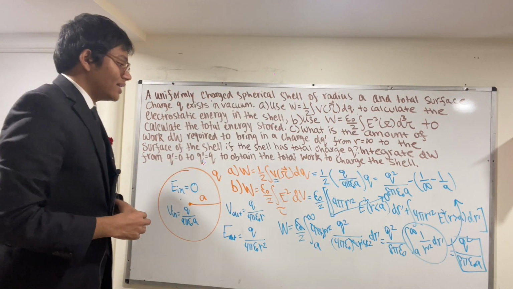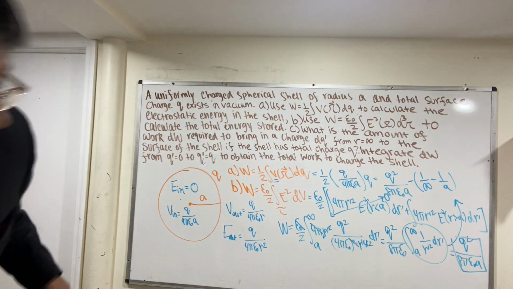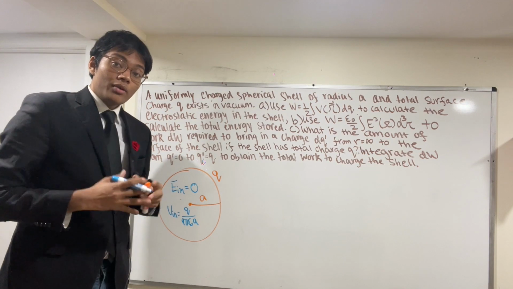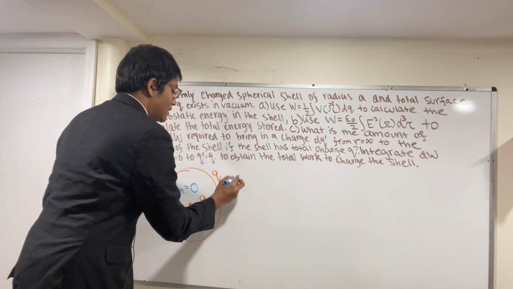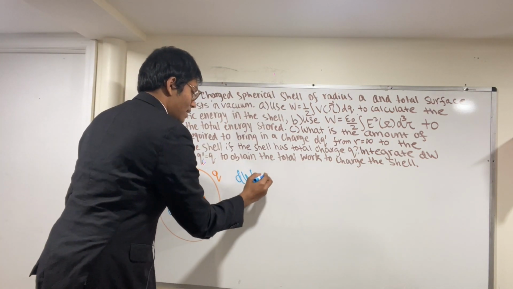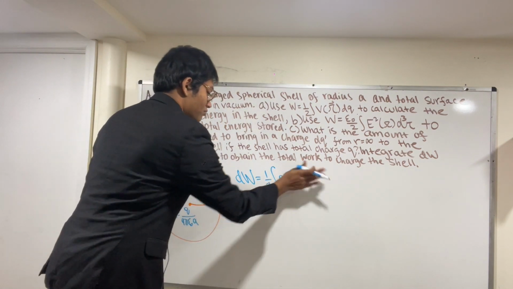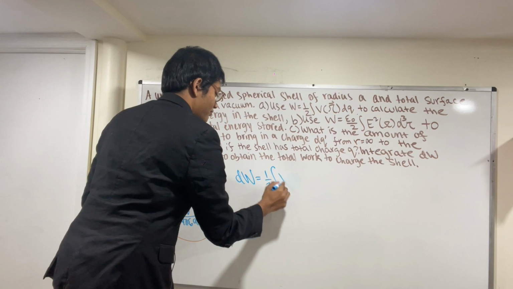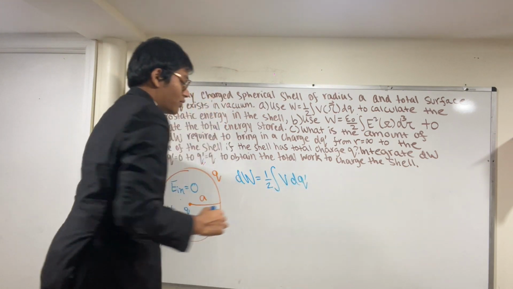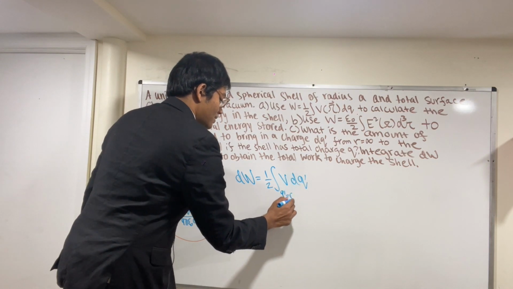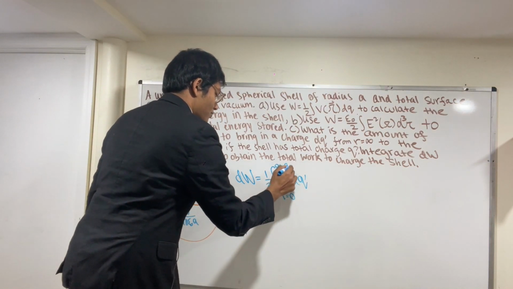Let's go ahead and find what this total work is. The amount of work dW will simply be V dq prime, as q prime goes from 0 to Q.